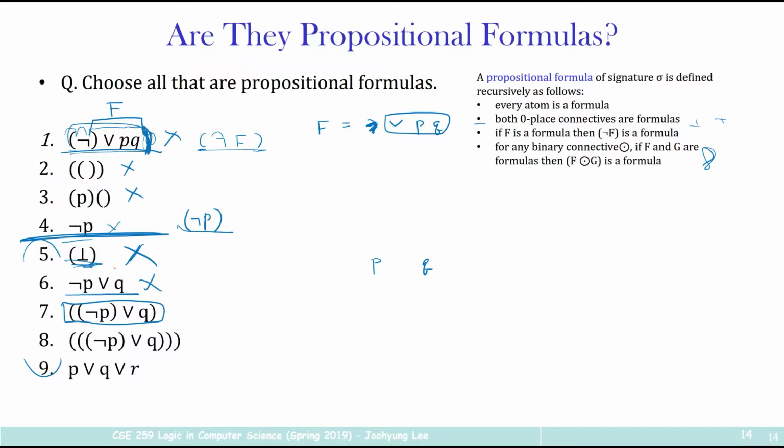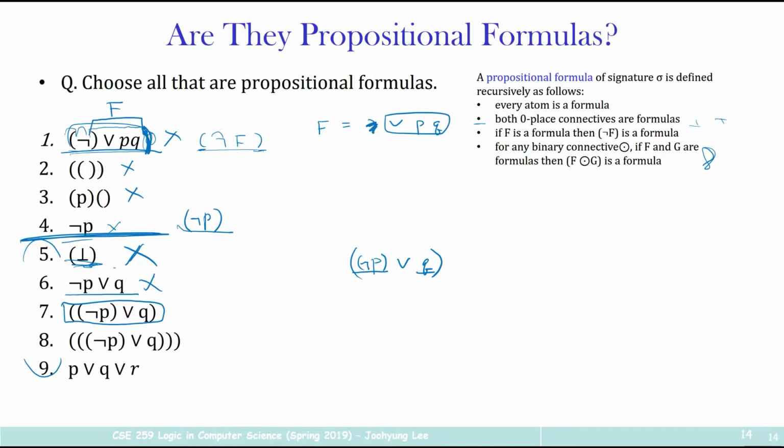Because of the first condition. If P is a formula, then our third case says that P in parentheses is a formula. And then we also know from the first case that this is a formula, then this is a formula, then the disjunction is a formula. And that's what the string in 7 is saying. So 7 is a formula.